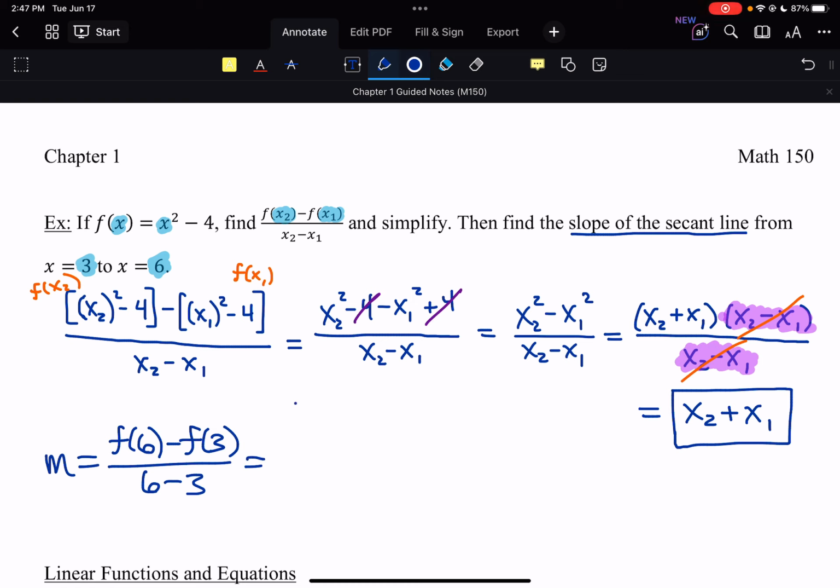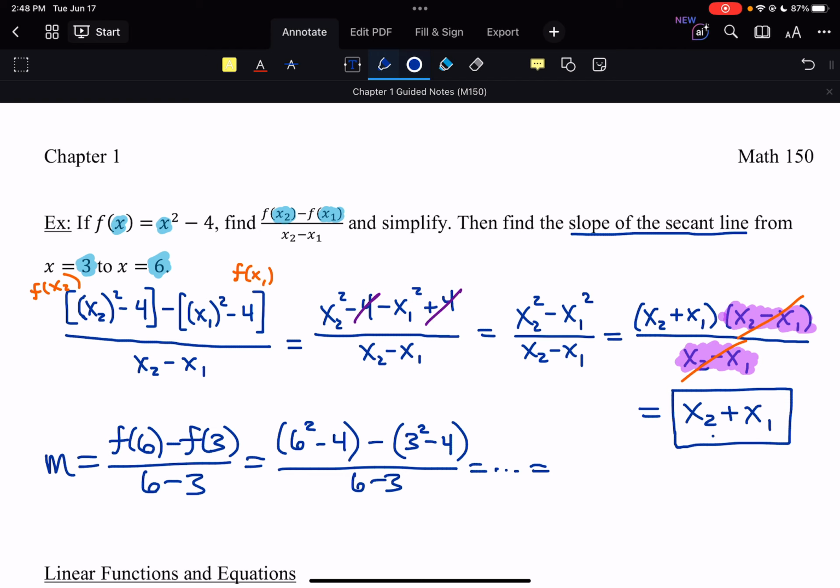You could just do 6 squared minus 4 minus 3 squared minus 4 over 6 minus 3, etc. But we already went through the whole process of finding the formula and simplifying it. So why don't we just use it, right?